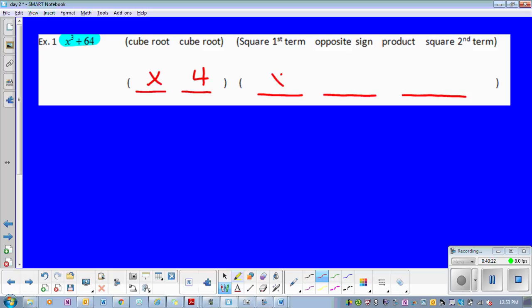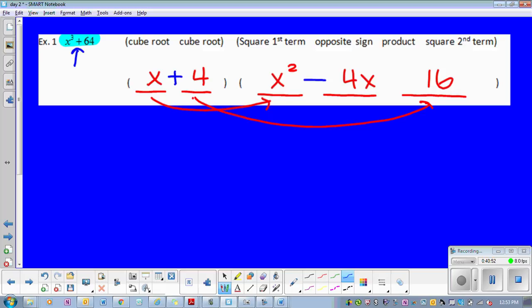So that's x squared. Your middle one is these two multiplied together. What do you get? 4x. And then your last one is this last one squared, which is 16. Good. And then you have, same as that, which is what? Opposite, always positive. How is that?